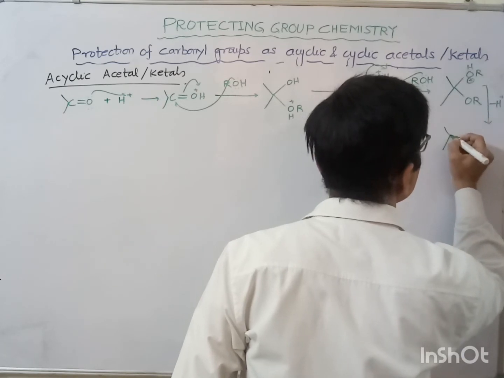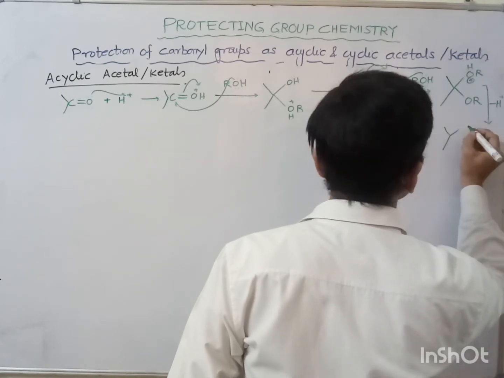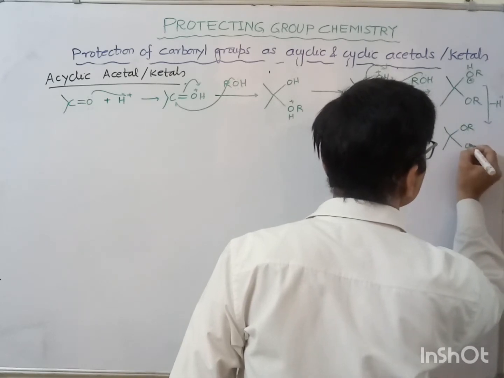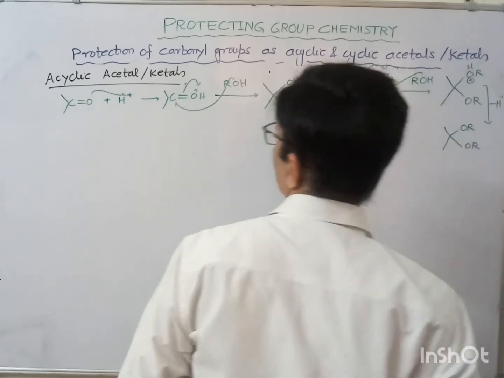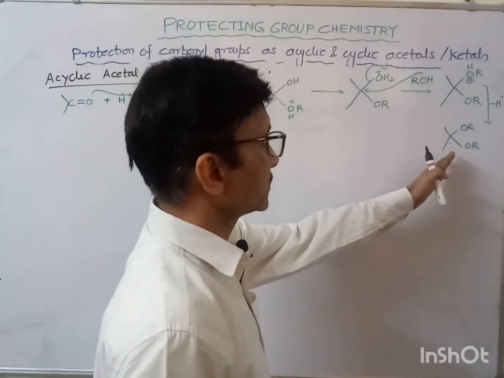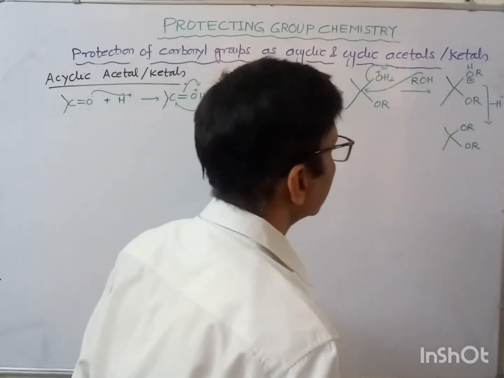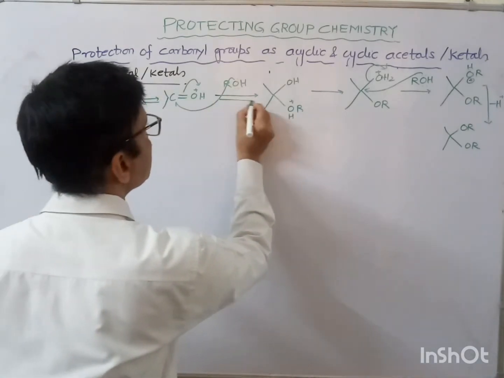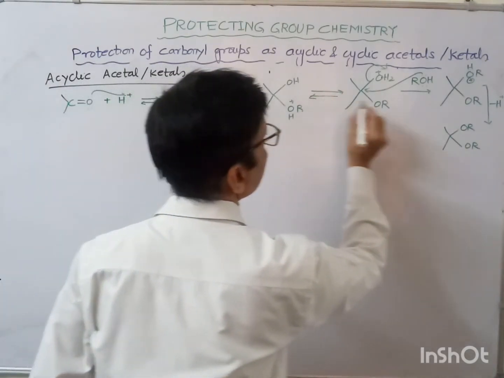Minus H, the acid catalyst will be removed, and we will get the acetal or ketal. So this reaction is a reversible one.